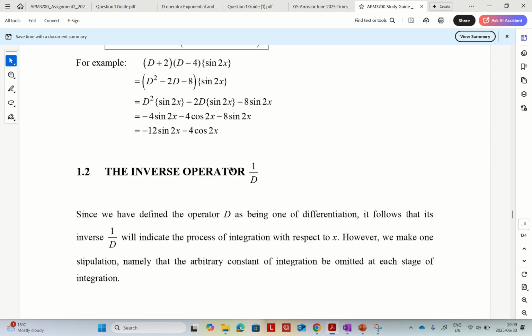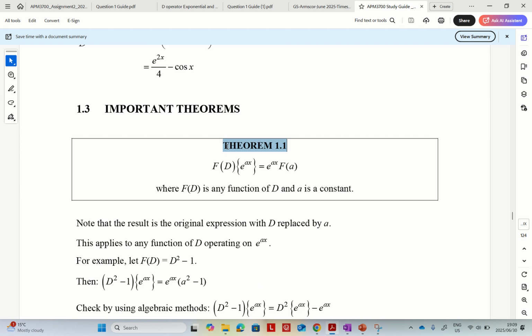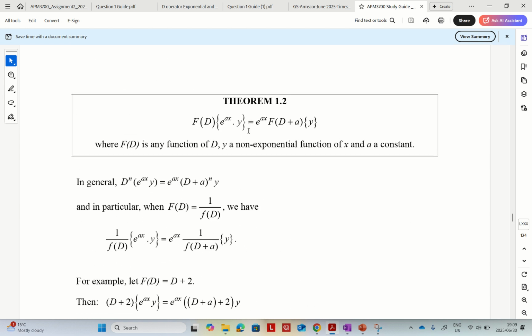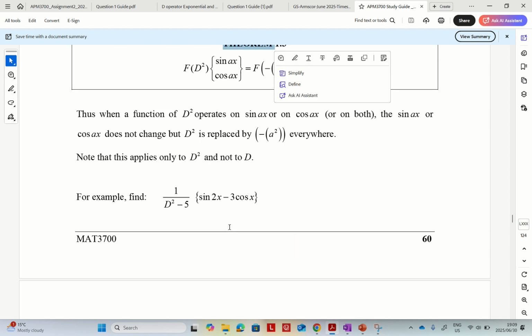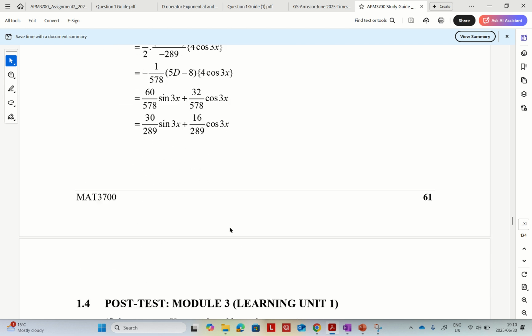I did explain it. We've used this one. Then I'm going to show you the next theorem, which is this one, 1.2. You will see when to use it. And then there's a theorem for your trigonometric functions, and then there's a theorem also for your constant.